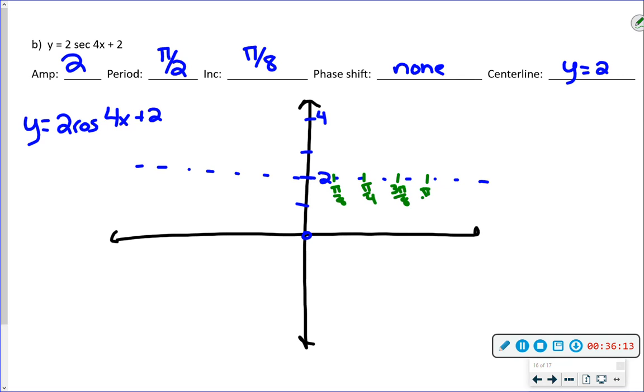So I'm going to, of course, mark out the cosine. Cosine starts at A. Our A is 2, but we're 2 up from the new center line. So we're starting way up here at 4. Center line. Down 2 more. So I'm going to dash this on. Now, before I convert it into secant, because we are going to do the 2 full periods, I'm going to go ahead and keep going on my cosine and get the second period mapped out.